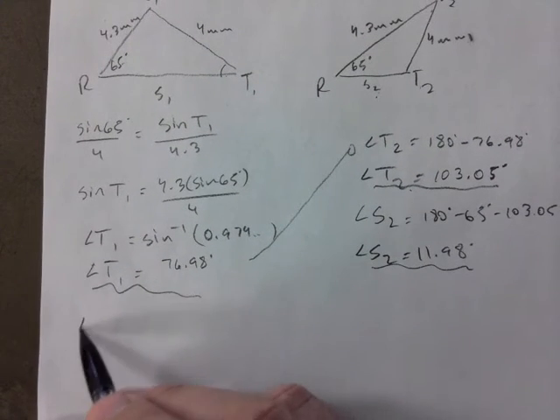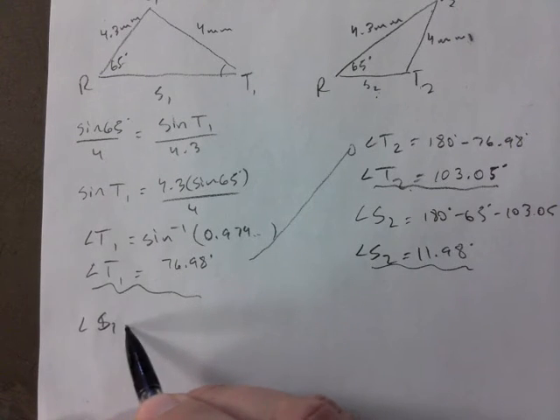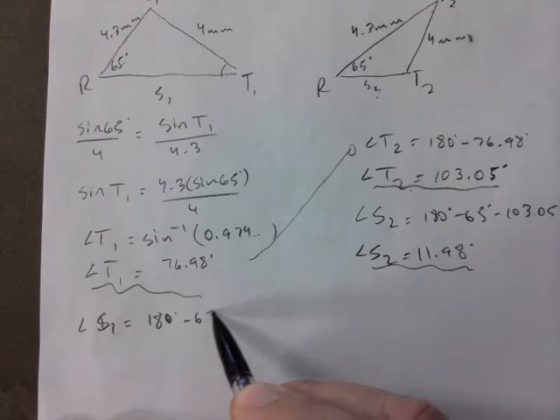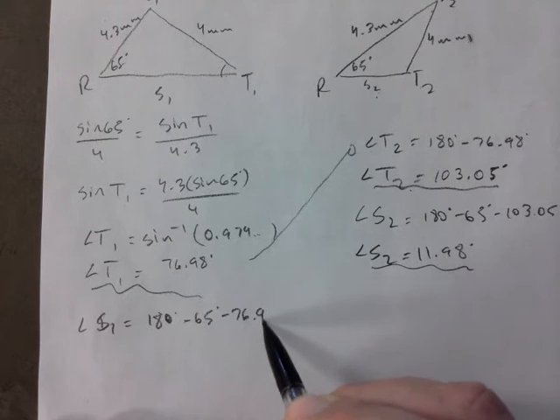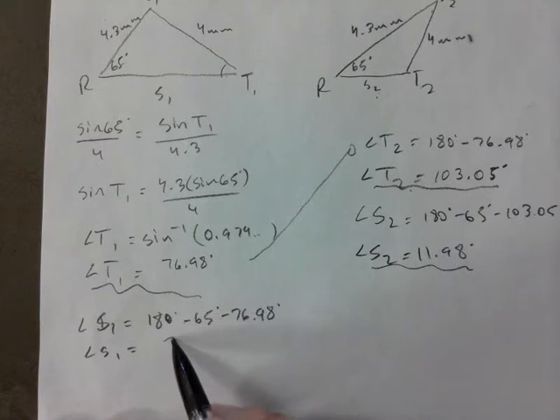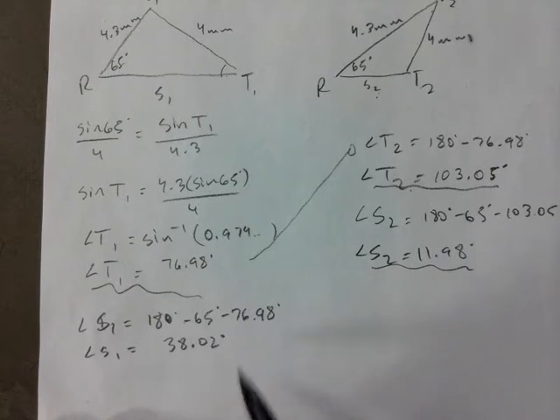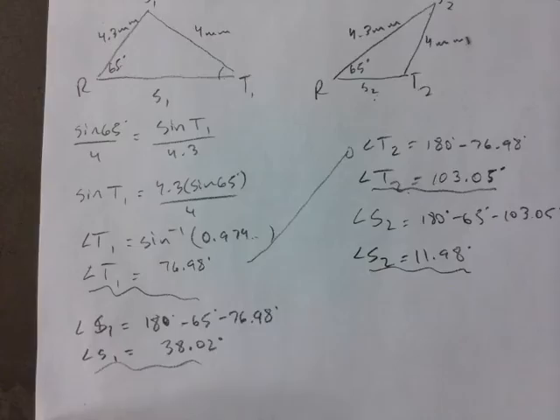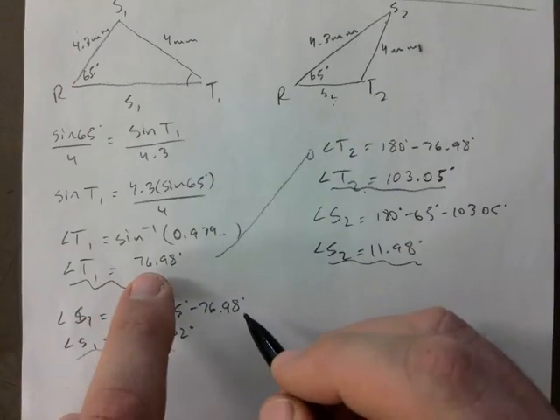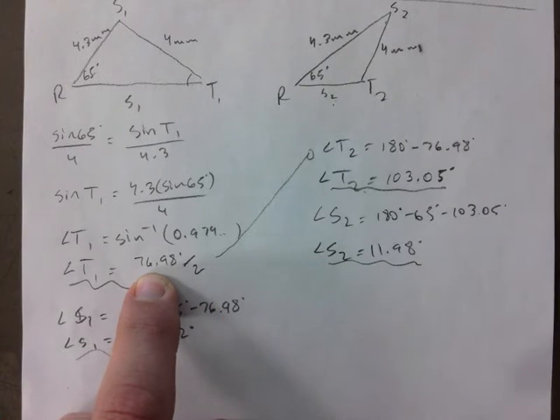And I'm going to start giving marks here. Hold on, give me 1 second. S1 is 180 minus 65 minus 76.98. Angle S1 is 38.02 degrees. So how are we handing out marks here, Mr. Dirksen? How exactly is this going to work? Well, if you get to 76.98, you get 2 marks.